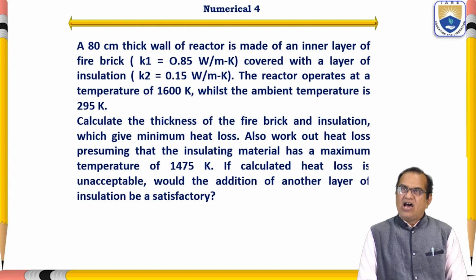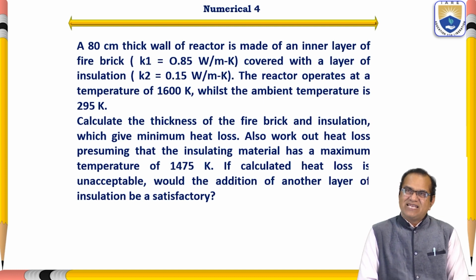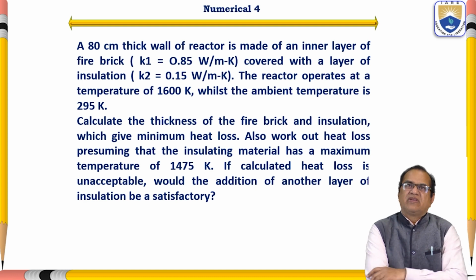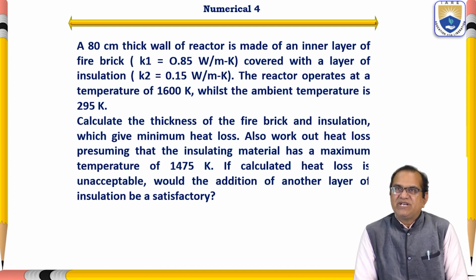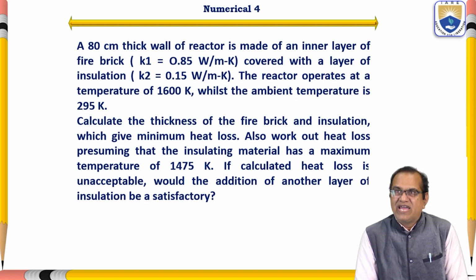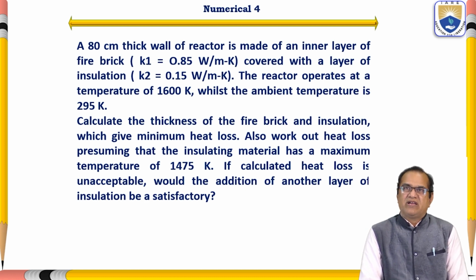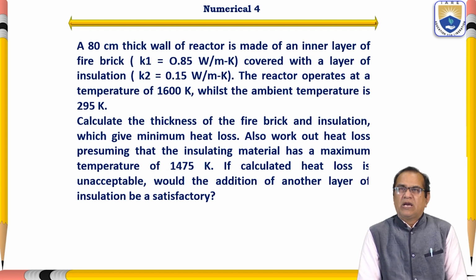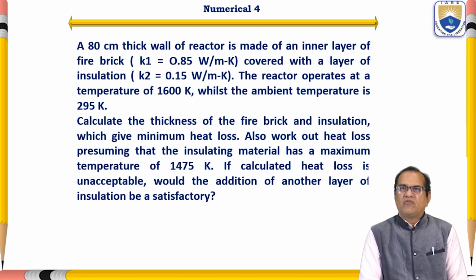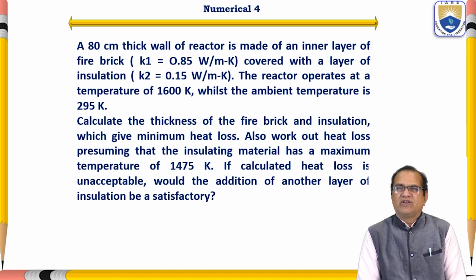Now, this is the last numerical of this class, numerical number 4. An 80 centimeter thick wall of a reactor is made of an inner layer of fire brick, K1 equal to 0.85 watt per meter Kelvin, covered with a layer of insulation, K2 equal to 0.15 watt per meter Kelvin.